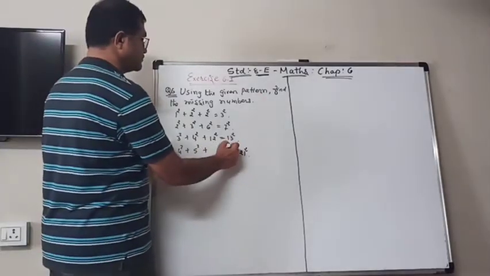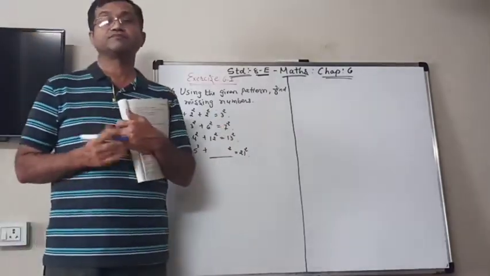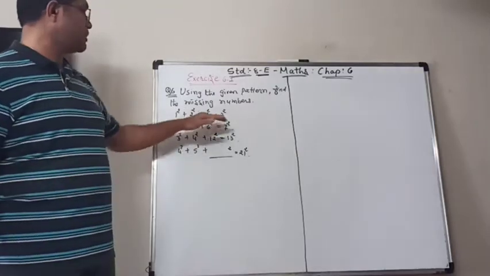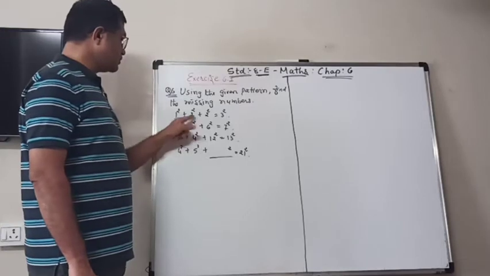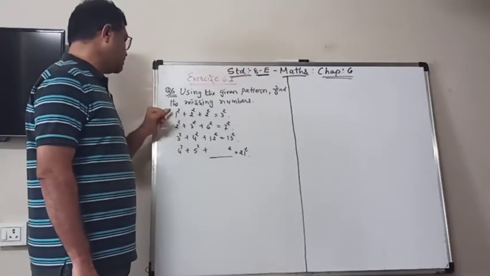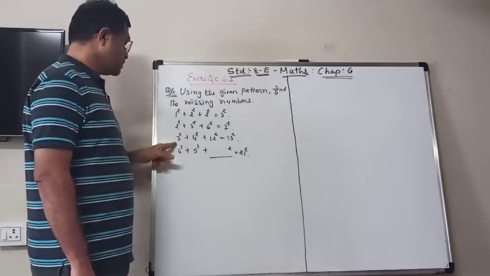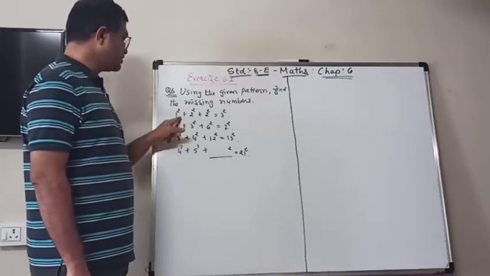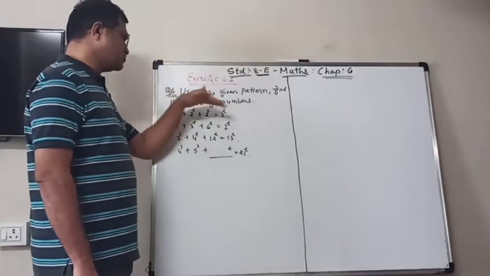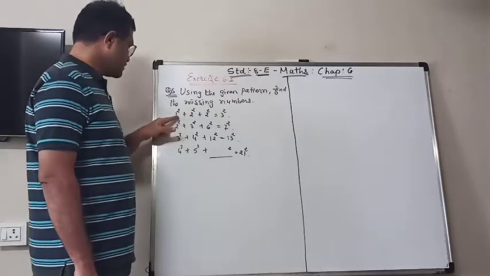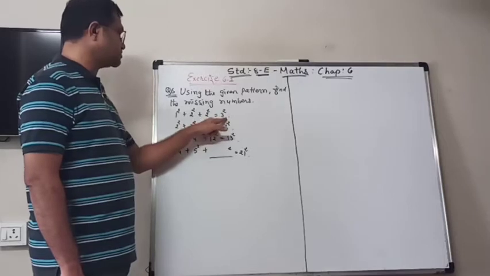Now here we have to observe the pattern, what the relations are between all the numbers there. If you are keen in watching, check here. If you multiply those two numbers, don't worry about the squares, just take out the squares. 1 multiplied by 2 is 2 and 2 plus 1 is 3.